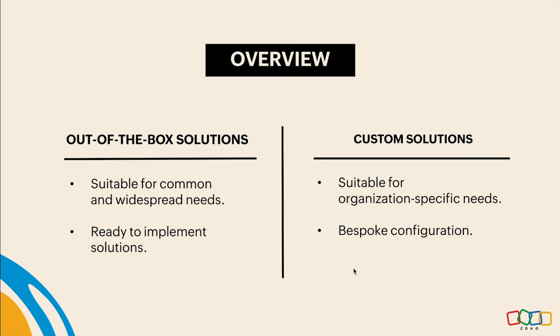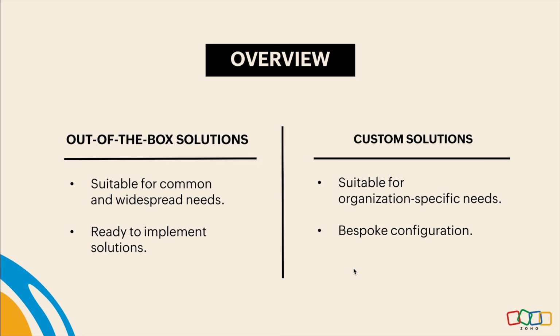We'll start with a small comparative overview. The pre-built features that we have already seen in this series are the out-of-the-box AI solutions that we provide. These solutions can generally address common and widespread needs in the market.